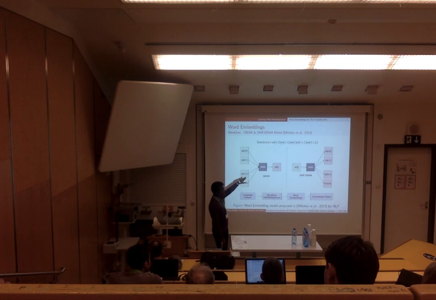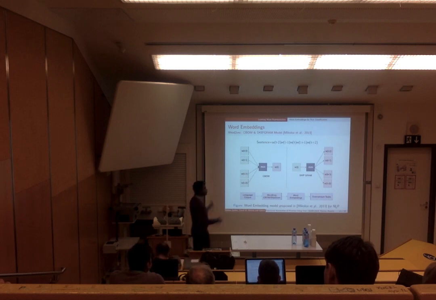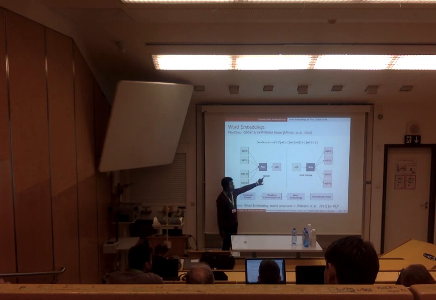Consider a sentence composed of 5 words, W(t+1), W(t+2), W(t-1), W(t-2) and W(t). You have a corpus of such sentences and you want to learn embeddings for these words. Mikolov proposed two different ways to do this: one is the continuous bag of words model and the other is Skipgram.